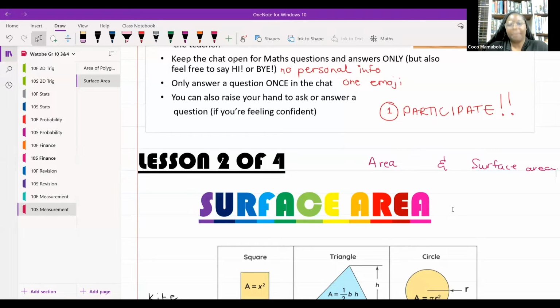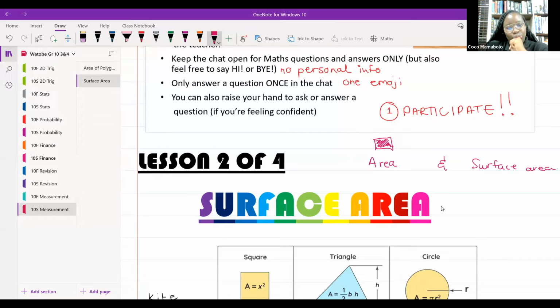So I think that area is the measurement of the size of the flat surface in a plane, two-dimensional. Yes, we're calculating the inside of the shape. What about surface area?